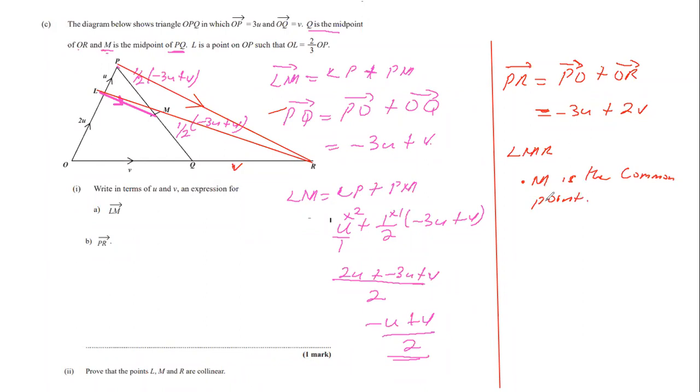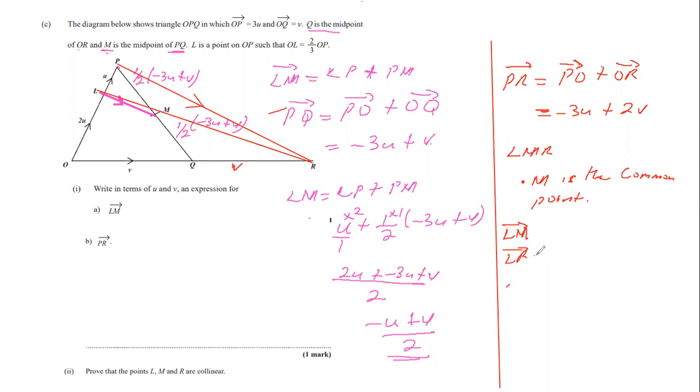Right. Now, after I tell that M is common, because say you move from L to M, then M towards R, right? Now I'm going to compare LM with LR. So I know what LM is already, so I'm going to find what LR is.